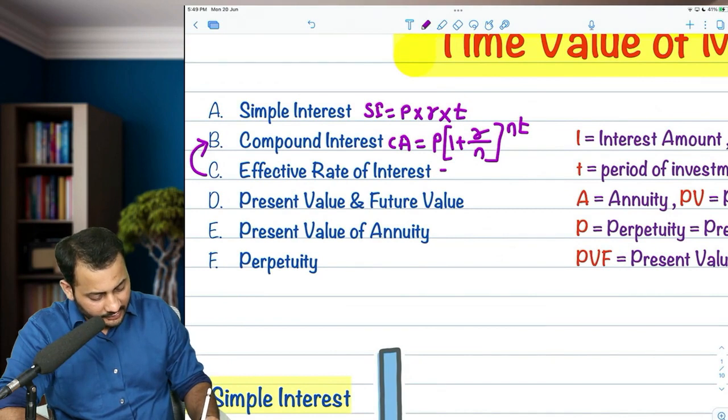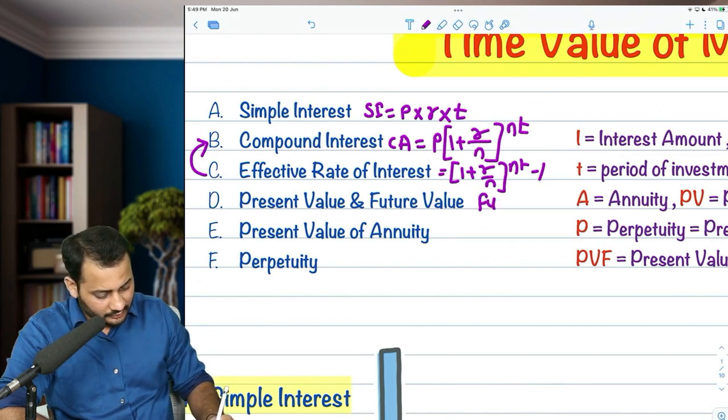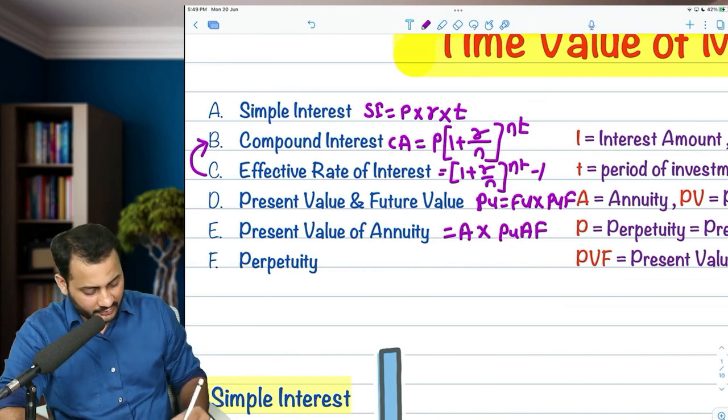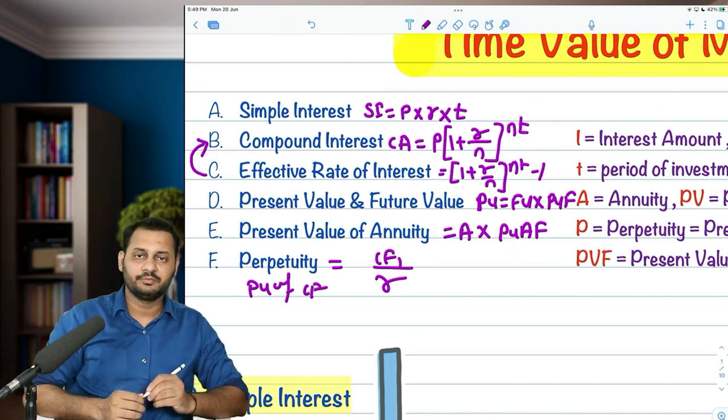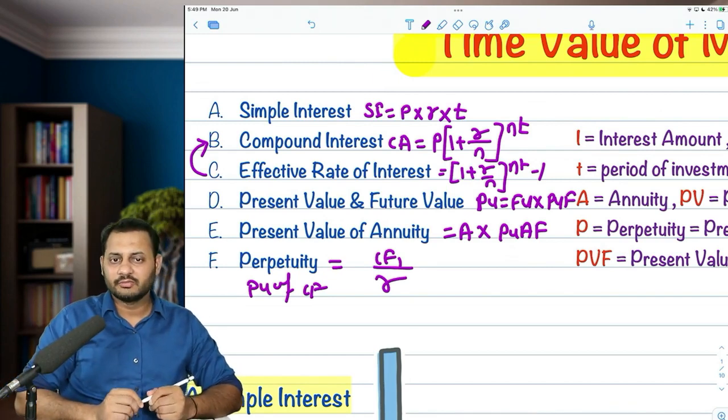It is nothing but (1 plus r divided by n) to the power nt, minus 1. If you remember, present value is equal to future value into present value factor. Present value of annuity, how to calculate that? Annuity multiplied by present value annuity factor. And how to calculate the value of perpetuity? Means present value of cash flows, it is nothing but the cash flow at 1 divided by rate of interest. That's it. These are the 5 formulas.